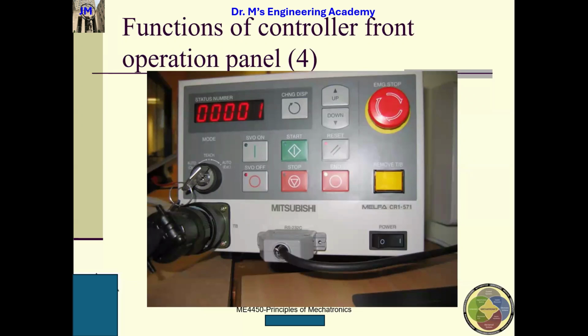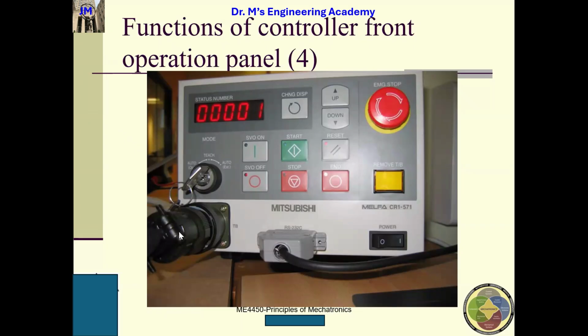So this one is a photo, not a schematic representation. Here is the emergency stop. And here is the status number; I believe this one is for program 1. This is for auto external.